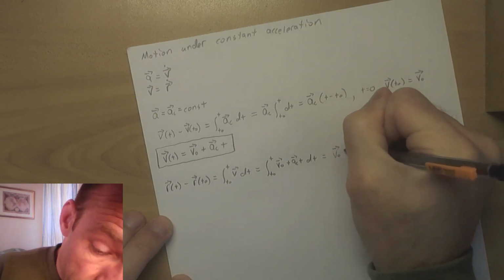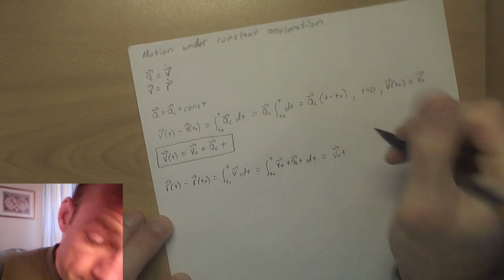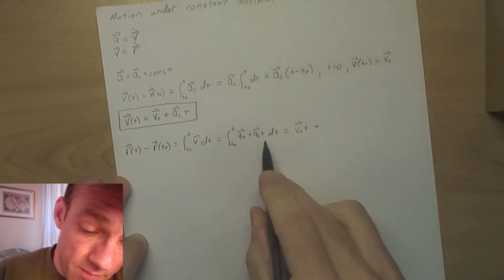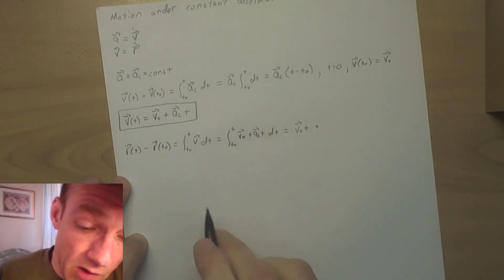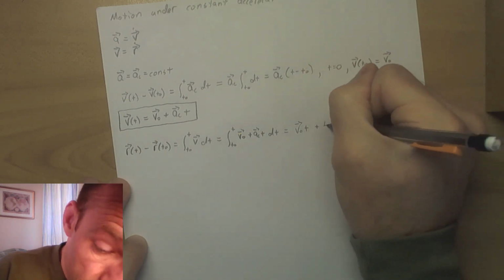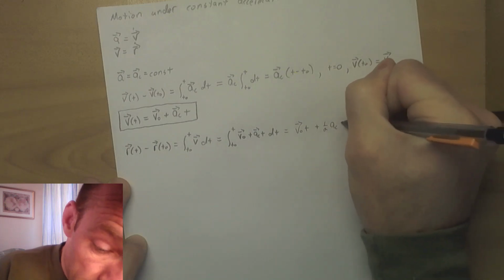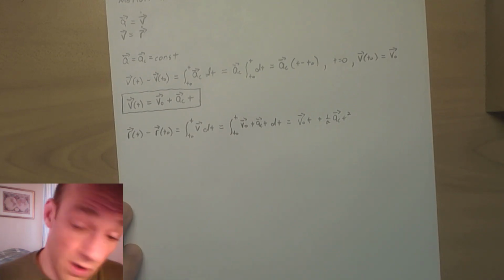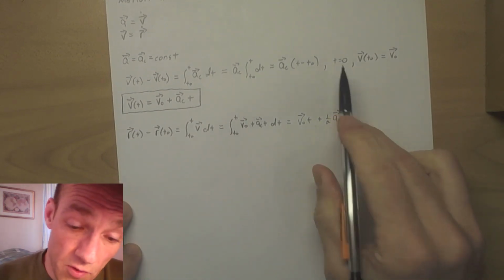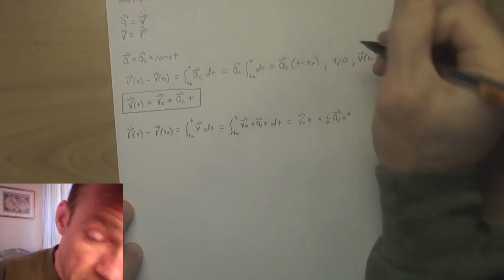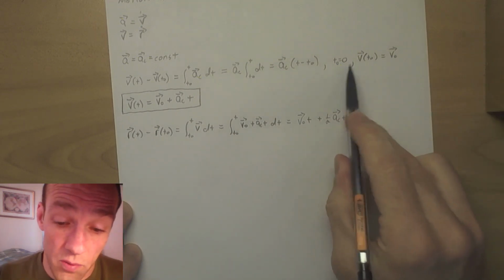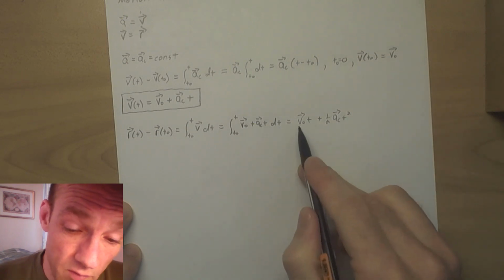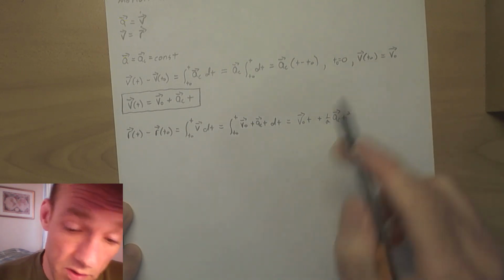Skipping a couple of steps here, but you guys could pretty simply go from here to here. I'll leave that as an exercise. This is still with the assumption that t naught is equal to 0 and v of t naught is equal to v naught, so v naught is just the velocity at time equals 0.